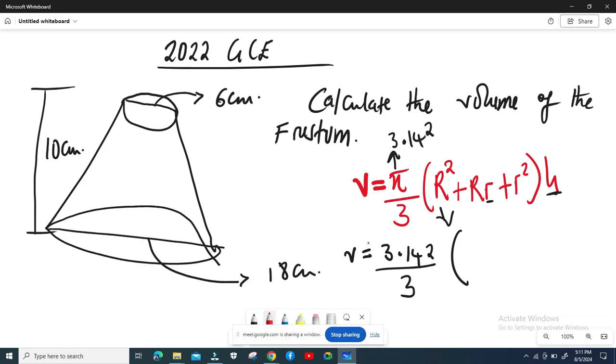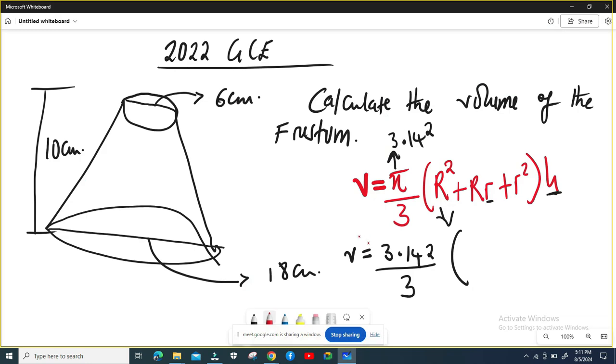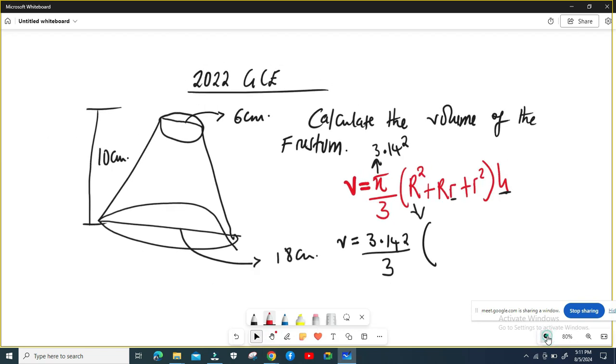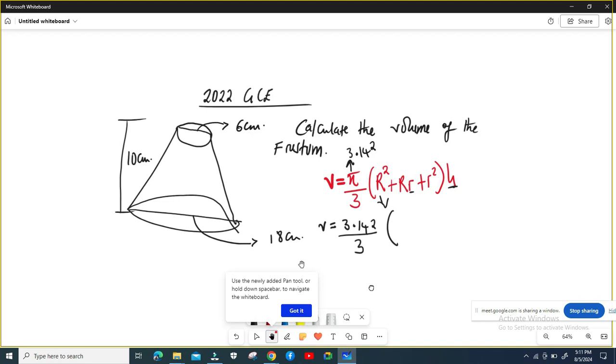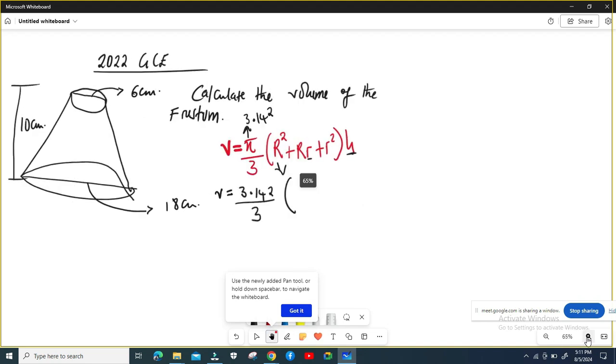We need to be careful as we choose which one is the diameter and which one is the radius.